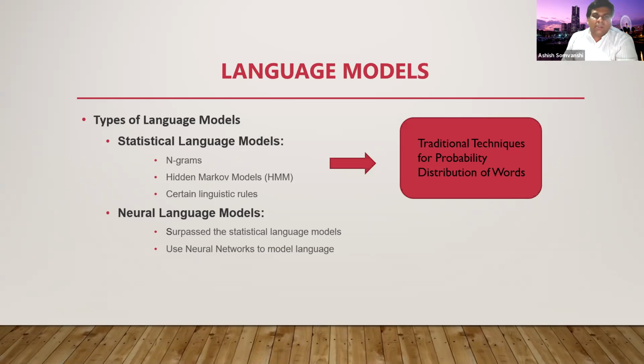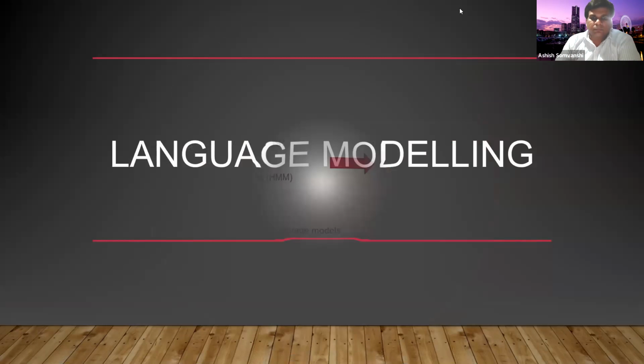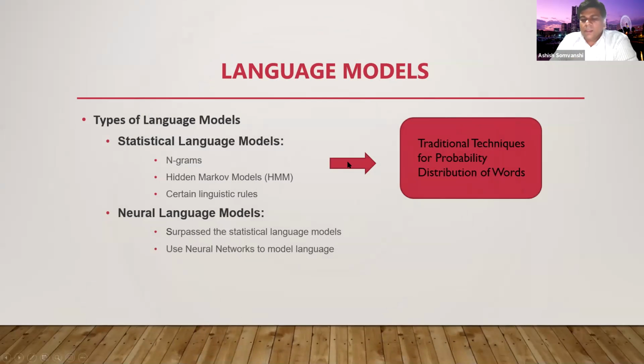Then we came to hidden Markov models, which was again a very traditional way of doing it. It brought the concept of trying to read a hidden objective, or a hidden label, inside it, trying to predict things about it via some observed variable.